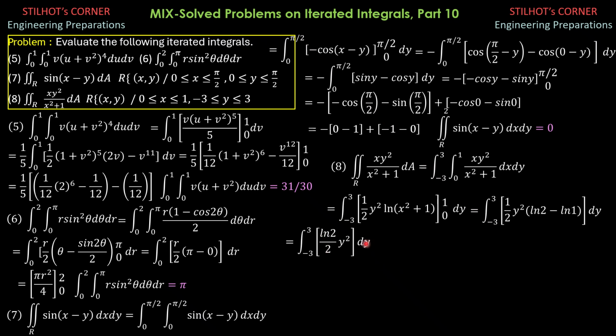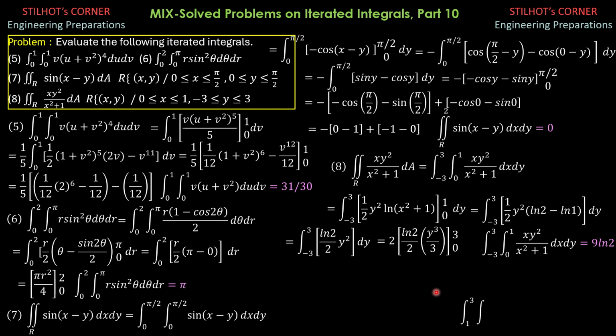So again, we change limits to 0 to 3, but we multiply the entire integral by 2. So that would be 2 times ln of 2 over 2 times y cubed over 3, from 0 to 3. Since 3 cubed over 3 is 9, and minus the lower limit 0, so this is 9, cancel 2, so 9 ln of 2. The integral is 9 ln of 2.